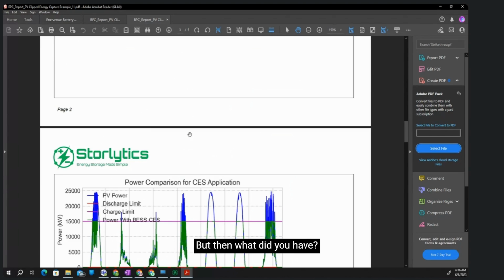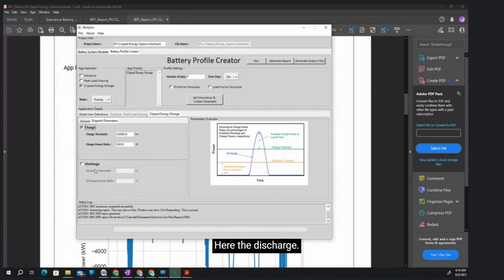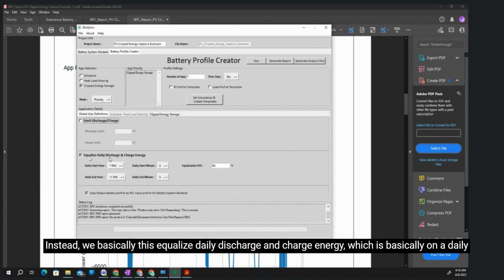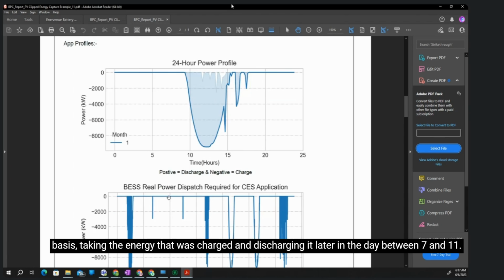Sorry, what did you have at off? Here, the discharge. So we weren't using this discharge threshold. Instead, we used this equalize daily discharge and charge energy, which is basically on a daily basis, taking the energy that was charged and discharging it later in the day between 7 and 11.